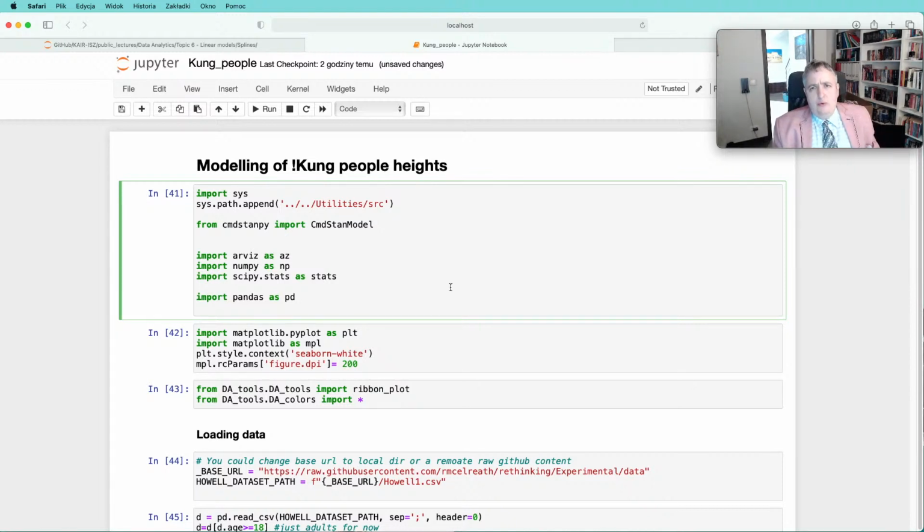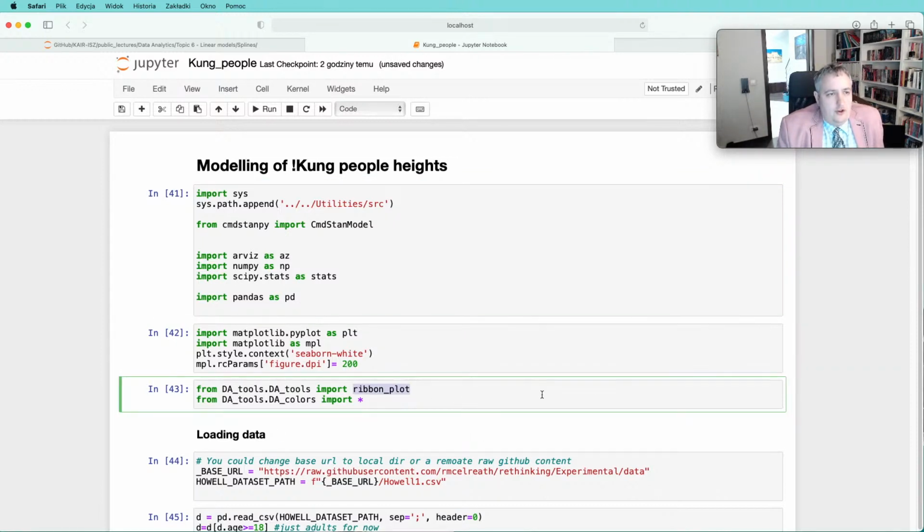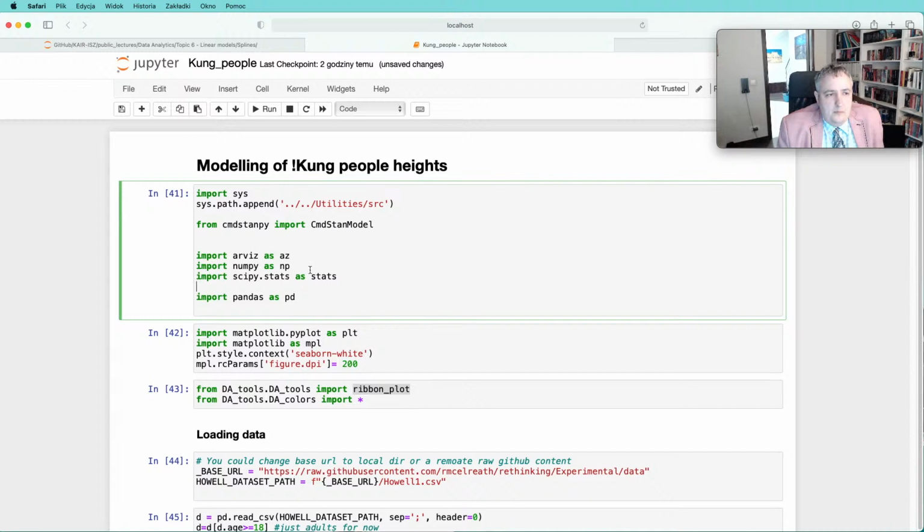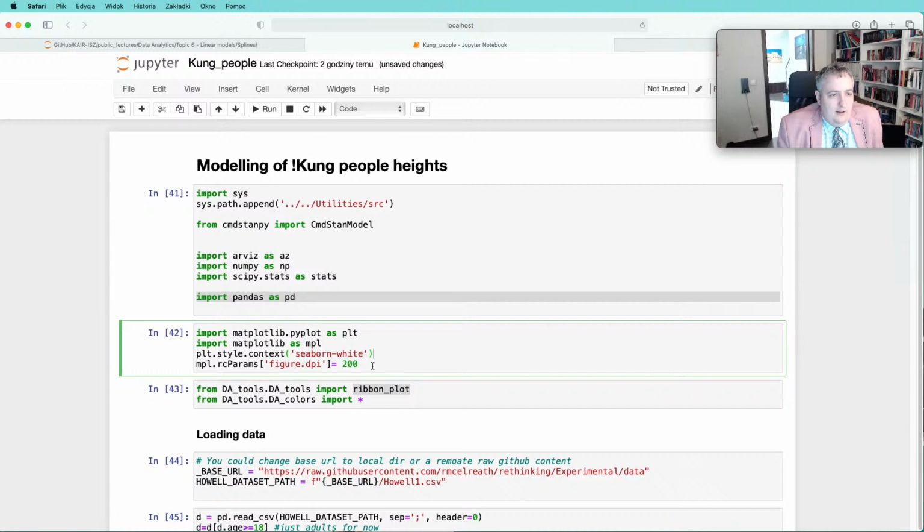But it can be useful for some visualization. That's why it's living here. We are again with the ribbon plot function and of course we are using ArviZ, NumPy, stats, pandas, stuff like that. Standard situation with Seaborn white style, so the pictures will look nicely, and with the appropriate DPI, so they will be larger.